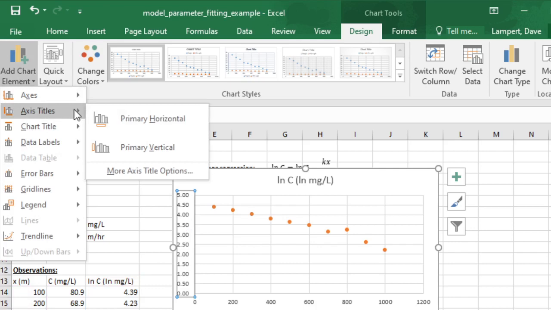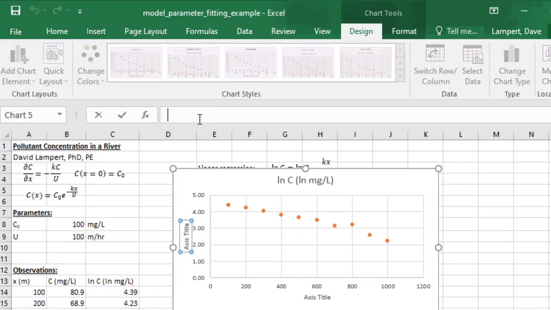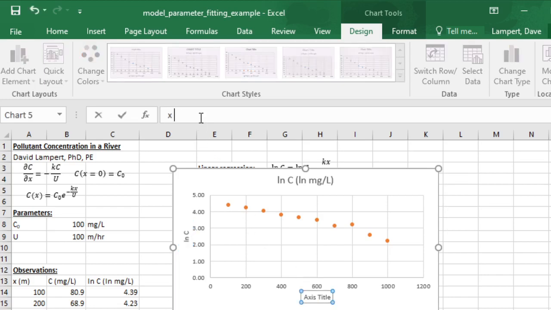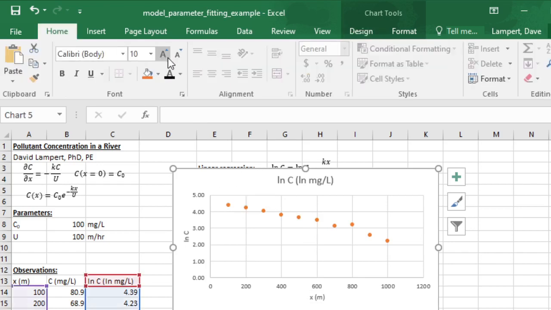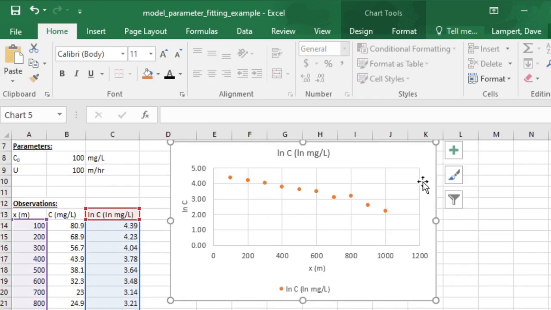I can quickly add a couple of titles. The y-axis is the natural log of C, and the x-axis is x in meters. We might want to make this font a little bigger, and let's move this down a bit.